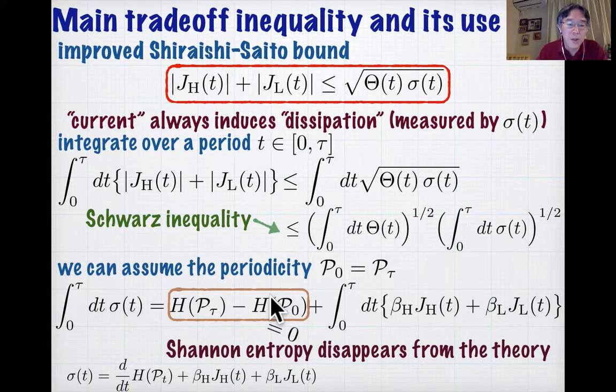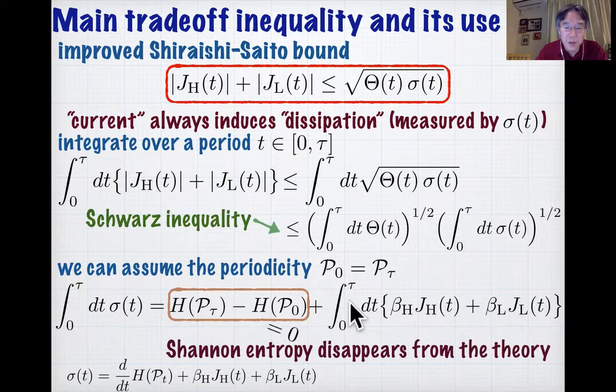That means if you integrate this from 0 to tau, or some integer multiple of tau, this Shannon entropy part vanishes. This is very important because Shannon entropy is a totally microscopic and complicated object, and so it's very hard to treat a theory which contains this explicitly. But here, this simply vanishes.